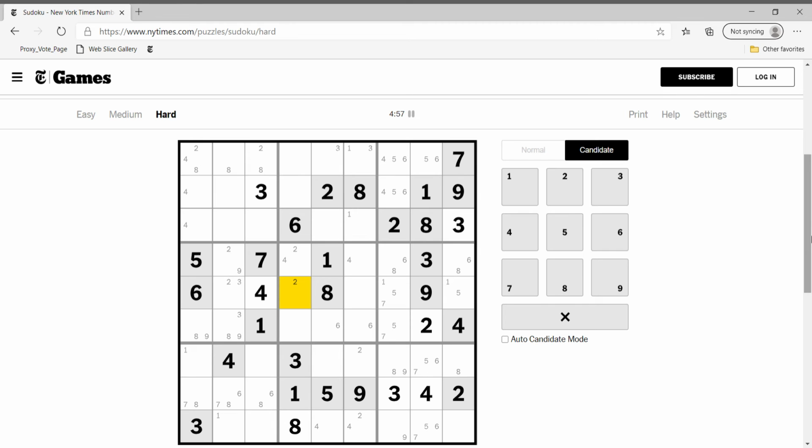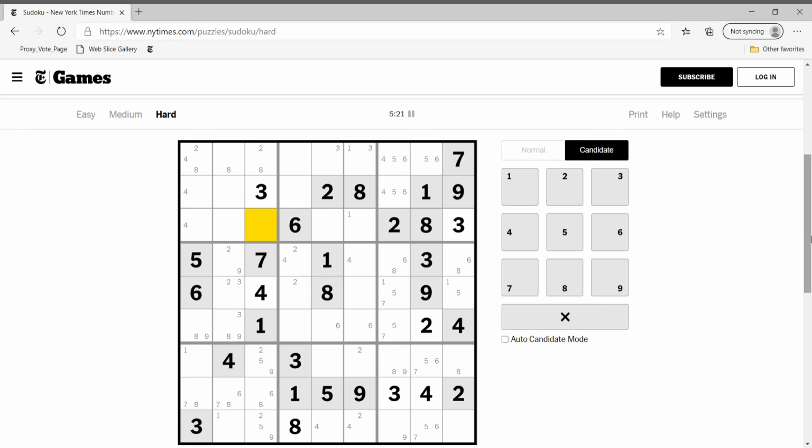Now, this box, so this can be 2, 5, or 9, right? And this is, again, can be 2, 5, or 9.